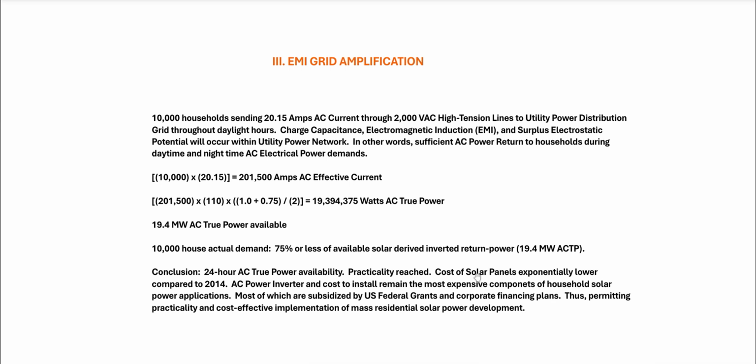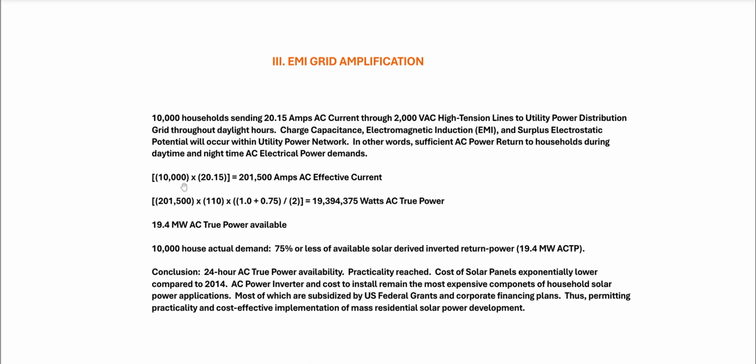But because it's so large and all these houses are communicating electrical current, it then incurs a surplus electrostatic potential, or electrical charge potential, within the utility power network. So in other words, sufficient AC power returns to households during daytime and nighttime AC electrical power demands.